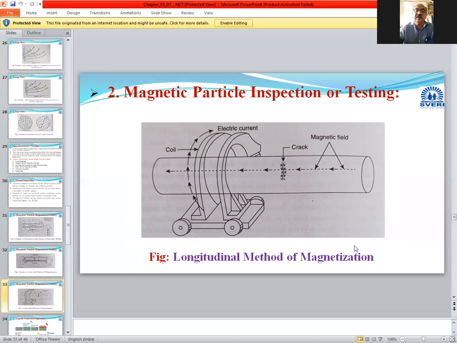Using the longitudinal method of magnetization, initially by spraying iron powders, you will see the crack on the surface of the component.